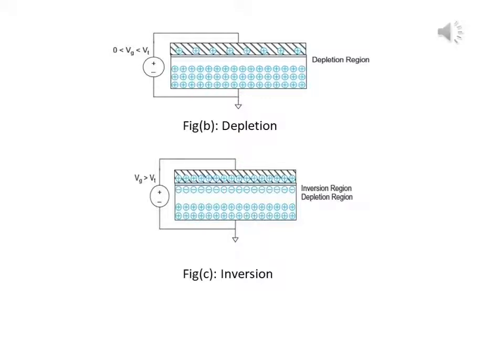At that time, the free electrons in the p body are attracted towards the region beneath the gate. That forms the inversion region, and there will be a depletion region also. This process is called inversion.